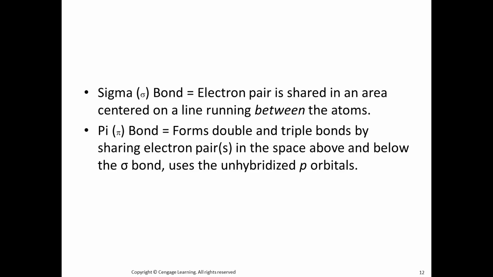Now our sigma bond is the electron pair shared in an area centered on a line running between the atoms. It's the bond along the internuclear axis. A pi bond forms the double and triple bonds we'll see by sharing electron pairs in a space above and below the sigma bond. It uses unhybridized p orbitals to form these pi bonds.